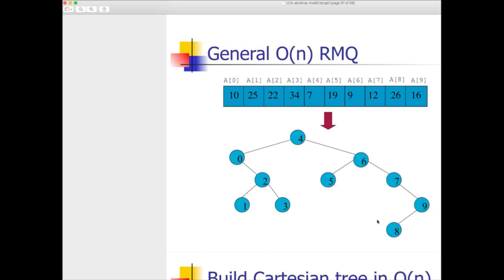What you do in here is, the labels on the nodes are the positions of the corresponding value. So you take the whole array. The minimum is 7, which is at position 4.